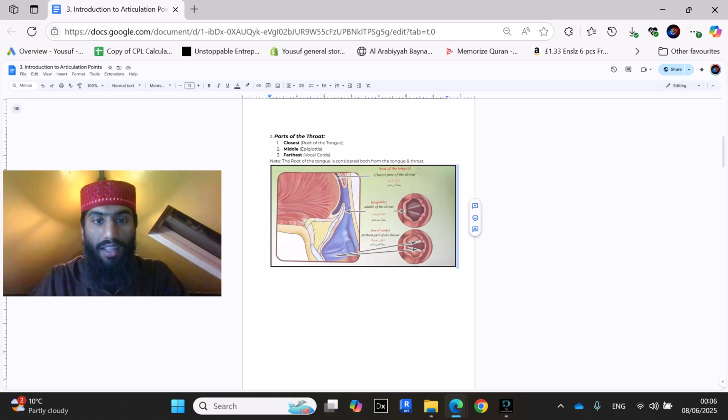So we are on the part of the throat. The closest part of the throat is the root of the tongue. Note that the root of the tongue is also part of the tongue. Then we have the middle of the throat, which is the epiglottis, and you can see in the diagram that here is the epiglottis.